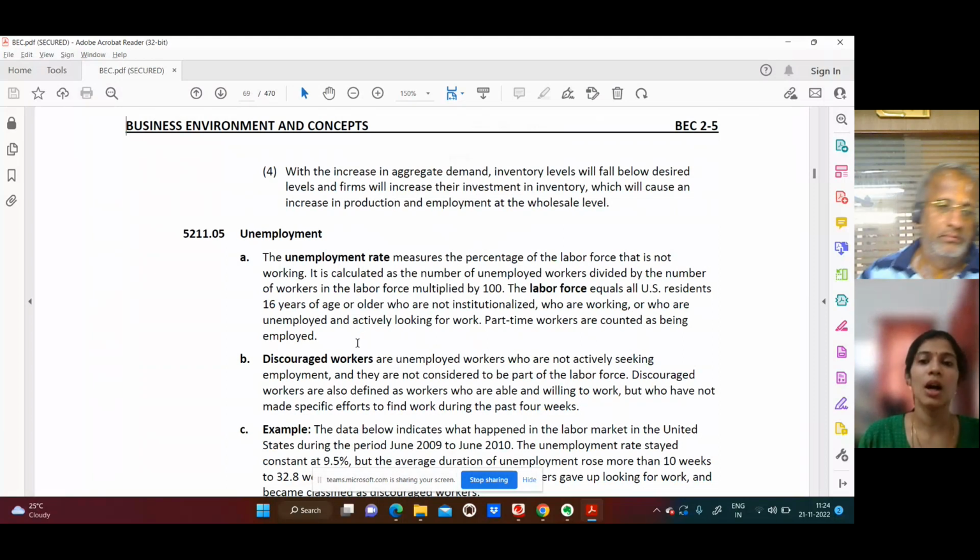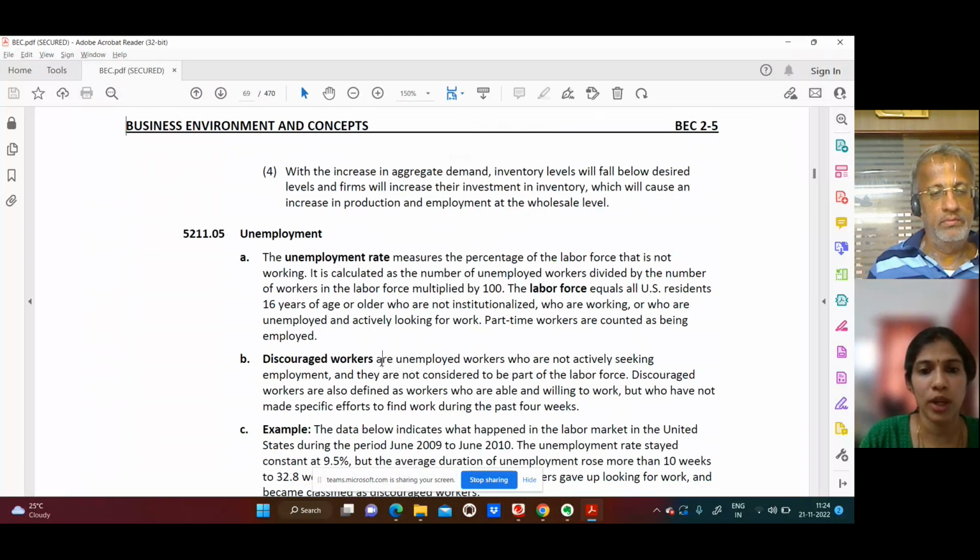Just in case you get a practical problem on this, you should know whom to exclude and whom to include. Discouraged workers are unemployed workers who are not actively seeking employment, and they're not considered part of the labor force.